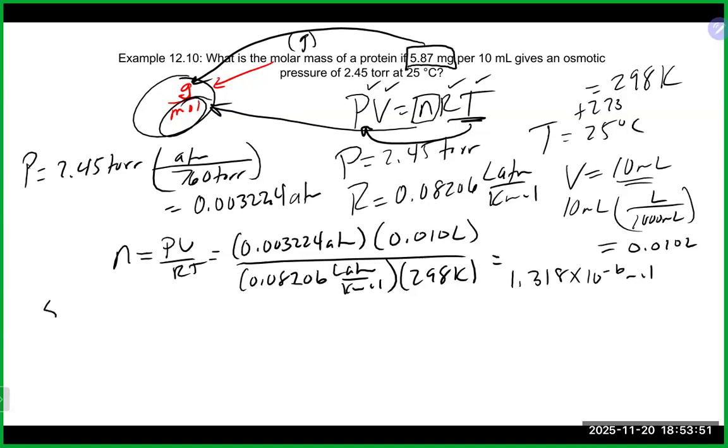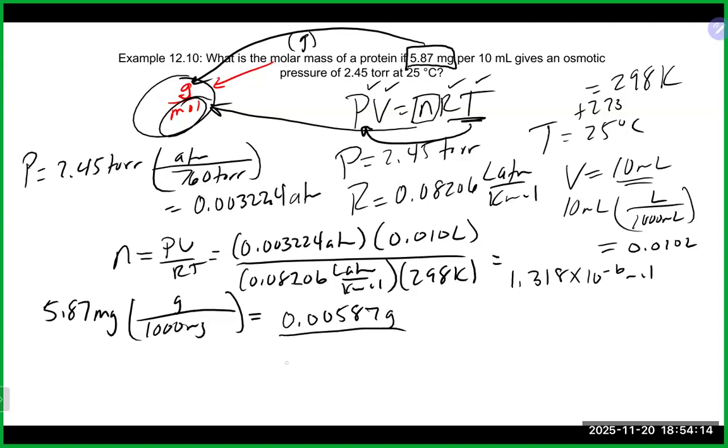So we're just going to convert our milligrams into grams first. There are 1,000 milligrams in a gram. 5.87 divided by 1,000 is 0.00587 grams.